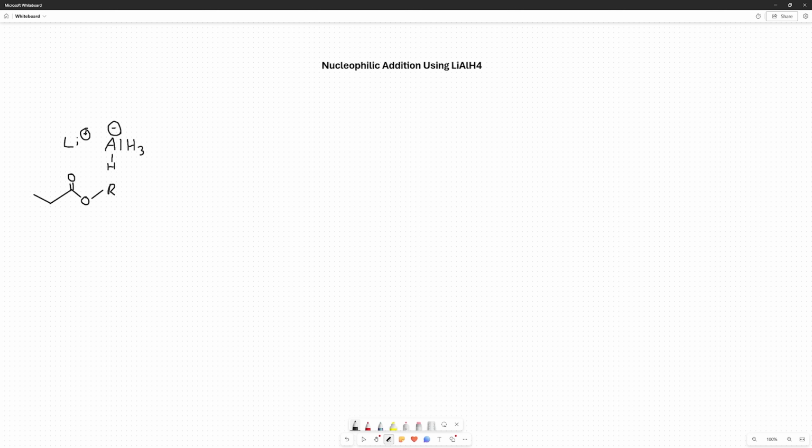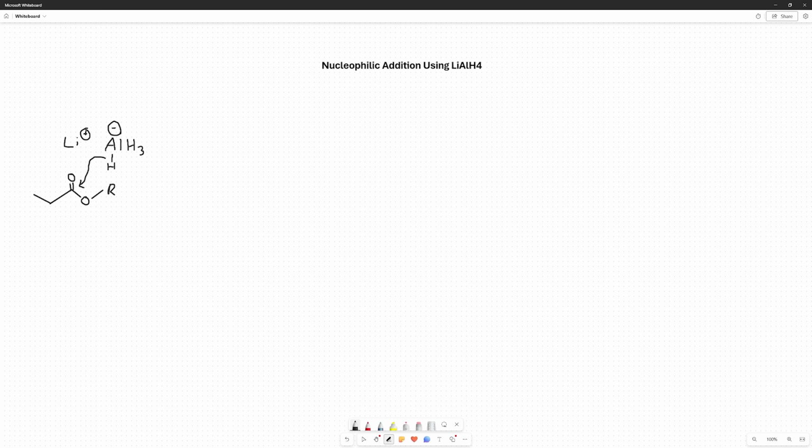Okay, so the next reduction we're going to be looking at is the reduction of esters with lithium aluminium hydride. So I've gone ahead and already set up the starting reagents, and the first thing that's going to happen again is nucleophilic attack from the hydride to the carbonyl carbon again.